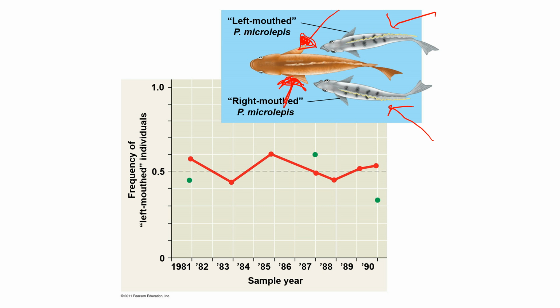So here, looking at 1981, you had more predominant left-mouth fish. And then in the next couple of years that became less predominant and more right-side fish. So here the right-side mouth fish became more predominant.